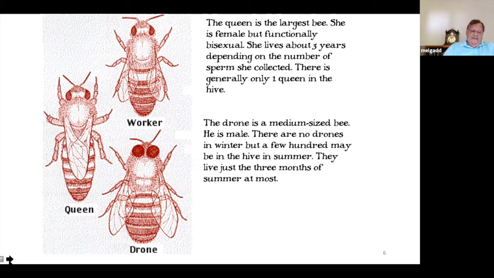1% of the males are able to catch up with her and mate. They have a few seconds of fun, so to speak. And then their privates remain inside her. And as they go to pull out and fly away, it rips their insides out and they die.